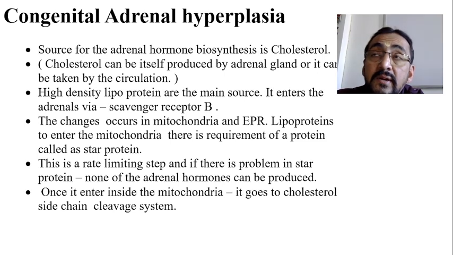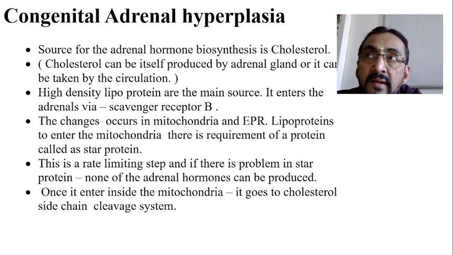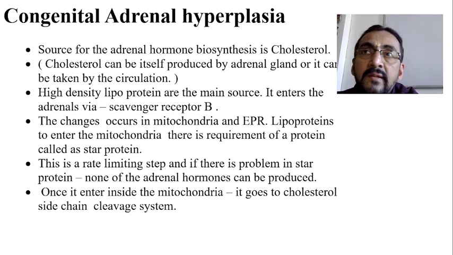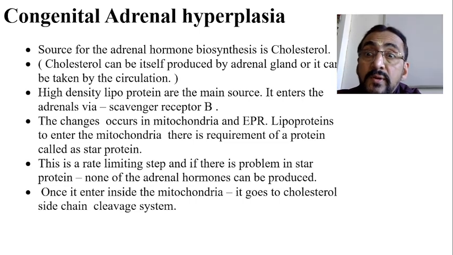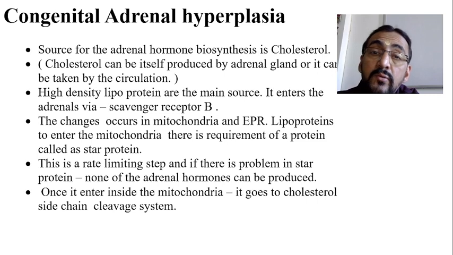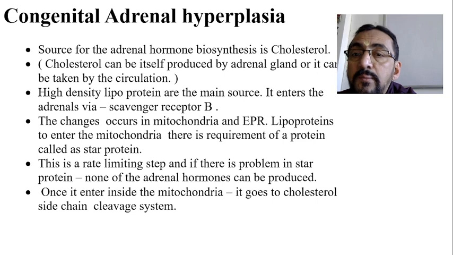The changes occur in the mitochondria. Inside the adrenal gland cells there are mitochondria and also endoplasmic reticulum. These lipoproteins enter inside the mitochondria, and for further changes they need a protein called StAR protein.